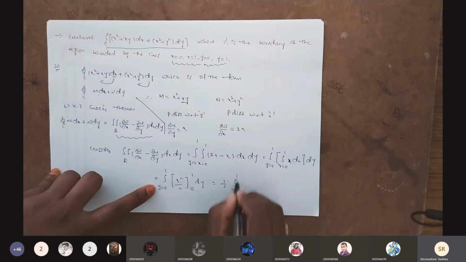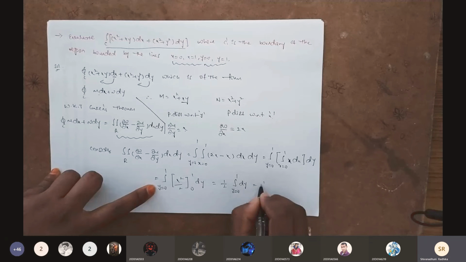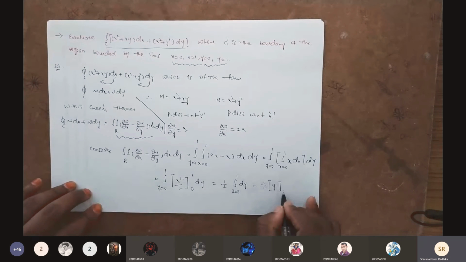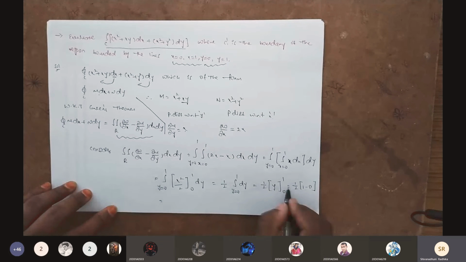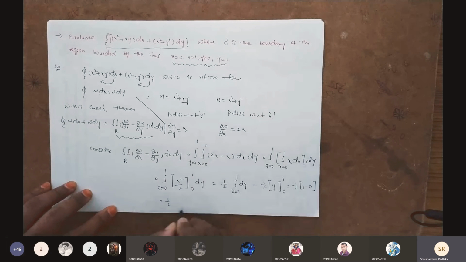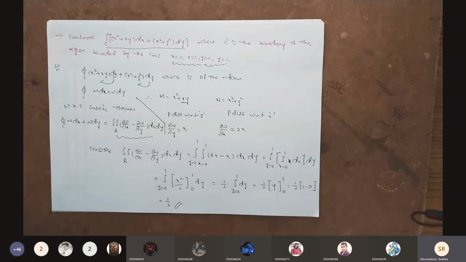Integration y equals 0 to 1 of dy is the remaining, 1 by 2. Integration of dy is y and the limits are 0 to 1. Again substituting the upper limit 1 minus the lower limit 0, 1 by 2 into 1 minus 0 is 1. That is, the answer is 1 by 2.